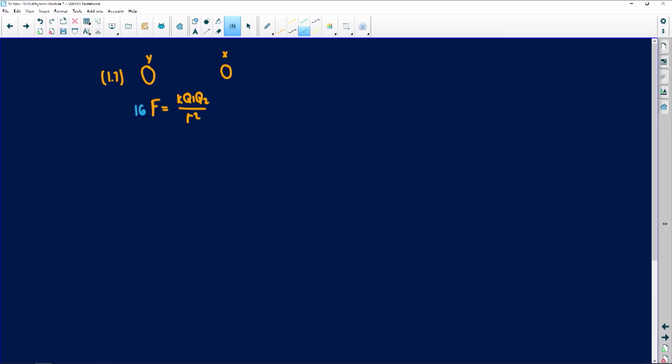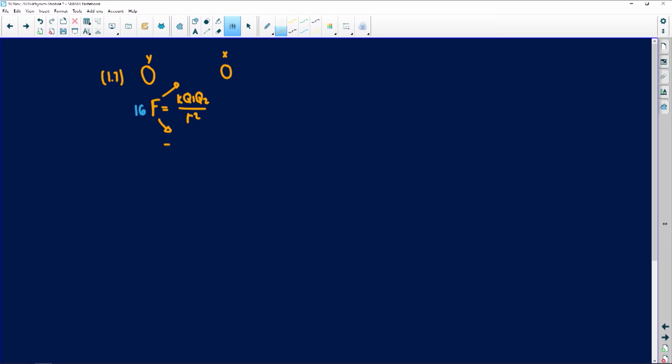We need to find out what is the new distance between them. Now remember that force is directly proportional to the product of the two charges. However, force and the distance are inversely proportional, which means that if my force is 16 here, I need the inverse of that.